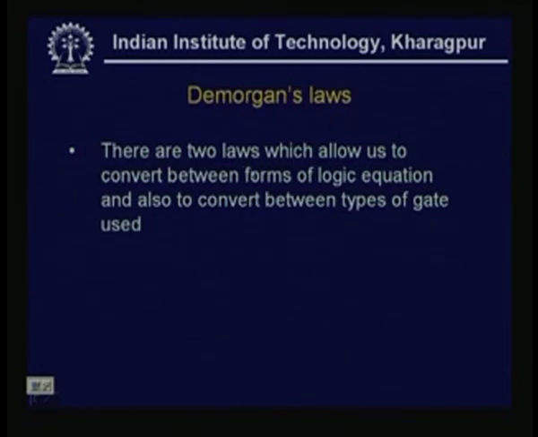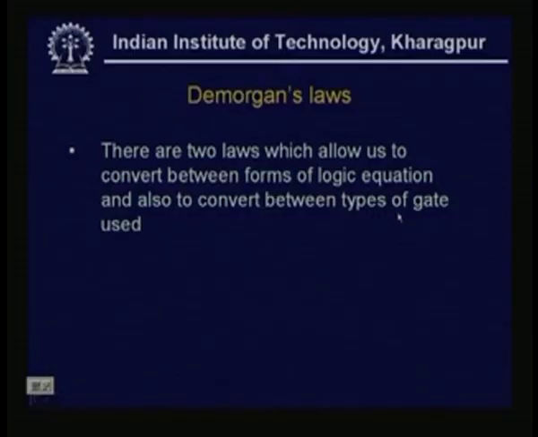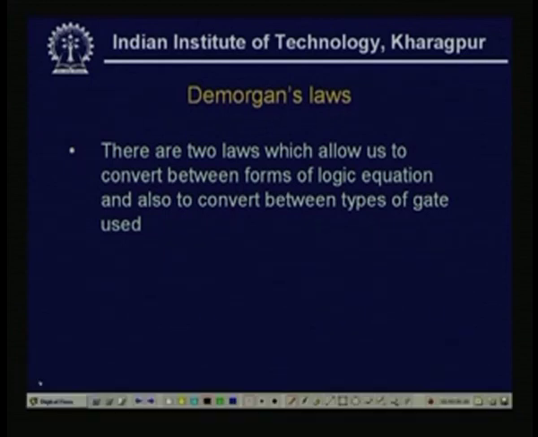See, the first is to convert between forms of logic equation and also to convert between types of gate used. That means the plus being replaced by dot is nothing but the conversion between two types of gate, AND and OR.